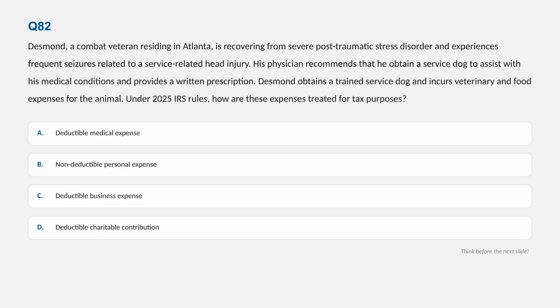Desmond obtains a trained service dog and incurs veterinary and food expenses for the animal. Under 2025 IRS rules, how are these expenses treated for tax purposes? A. Deductible medical expense. B. Non-deductible personal expense. C. Deductible business expense. D. Deductible charitable contribution.